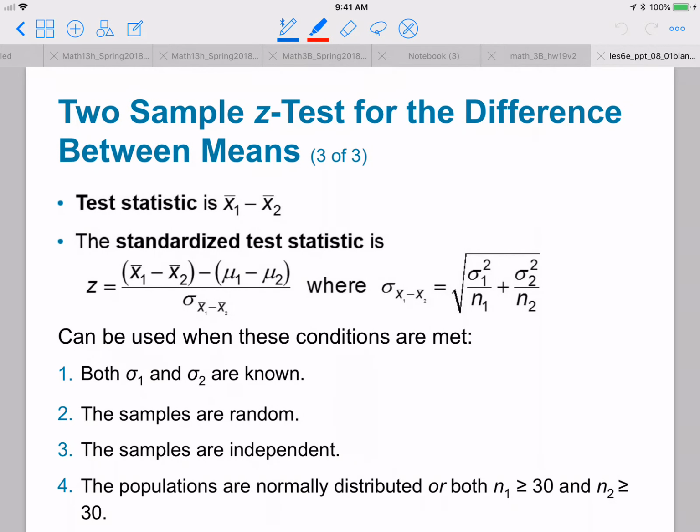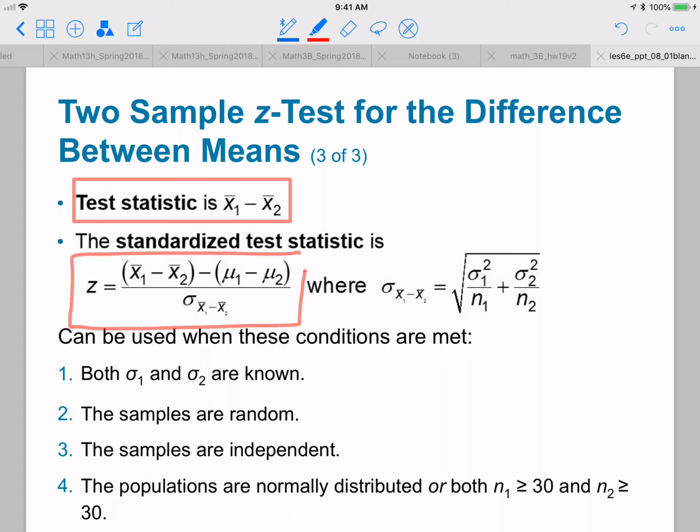So let's see here. When we are performing our 2 sample z-test for the difference between population means, we will have our test statistic. It's just going to be the difference of our sample means, and we will have the standardized test statistic.